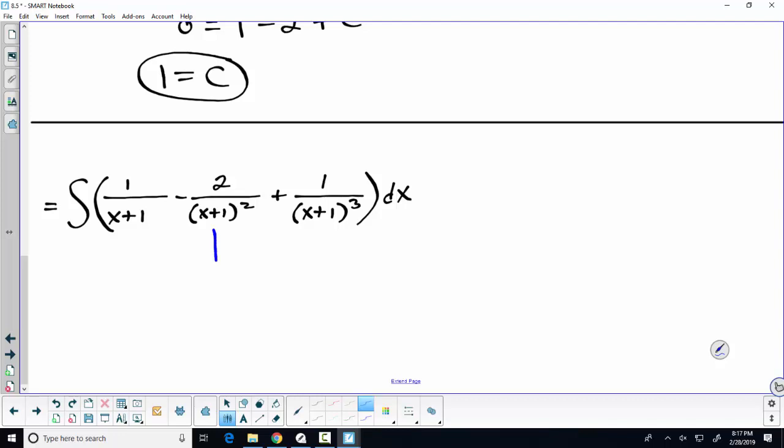So for this one, let's let u equal x plus 1, so du is dx. And then for this one, let's not use v so we don't mix that up with the integration by parts. Let's use s. S is x plus 1, ds is dx.